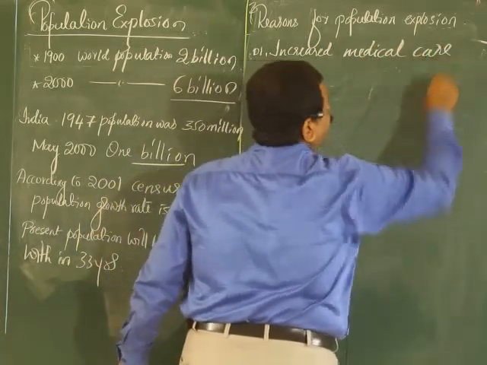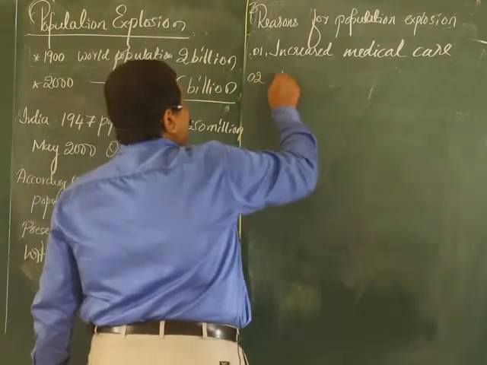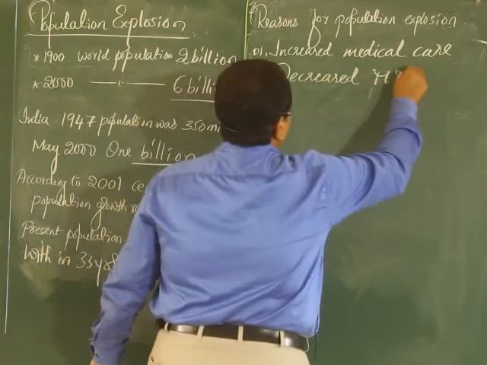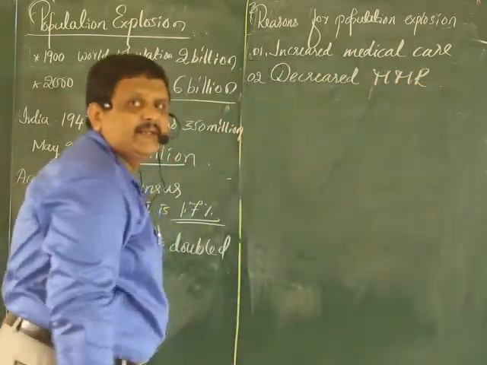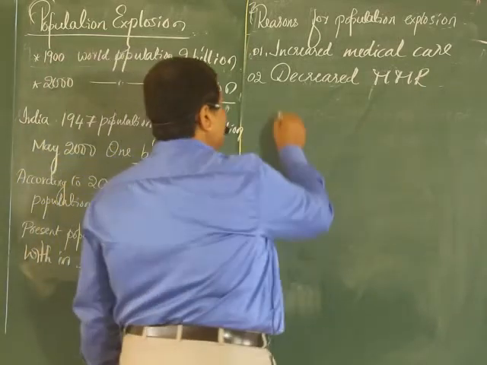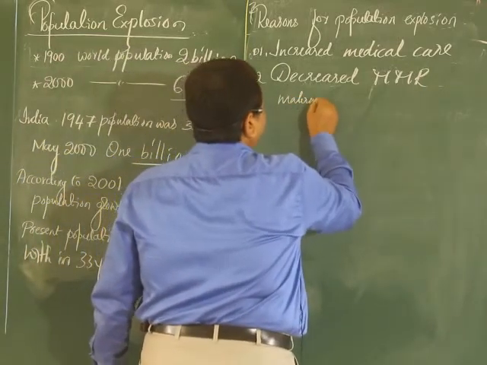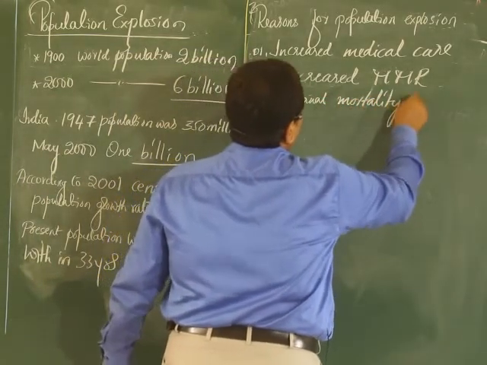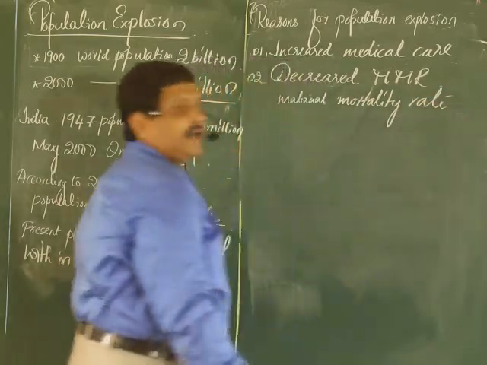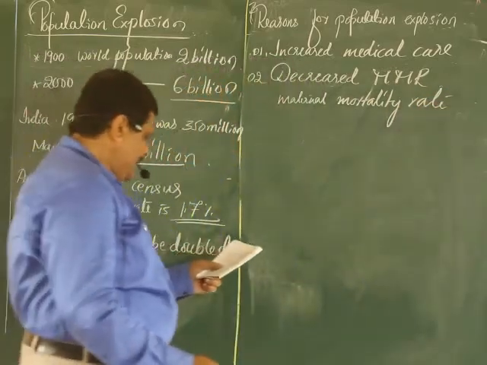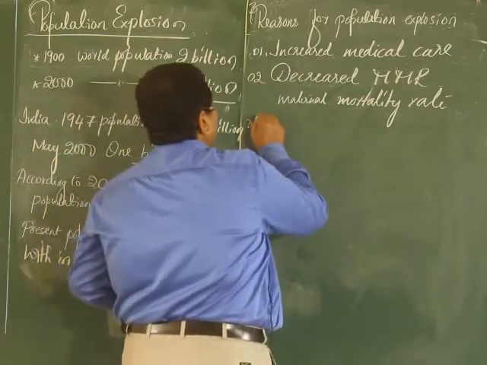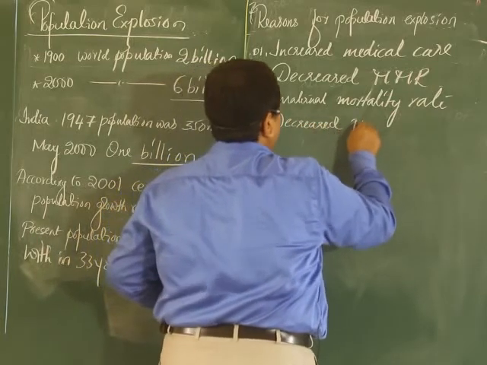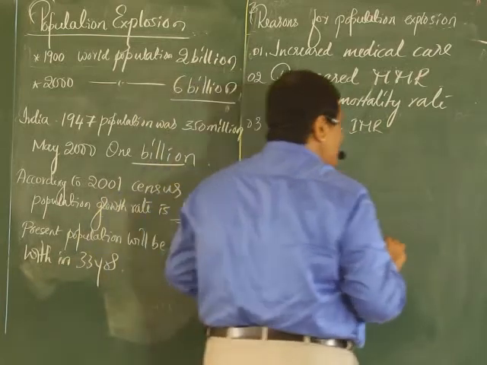Second one is decreased maternal mortality rate, MMR. And then decreased IMR, infant mortality rate.